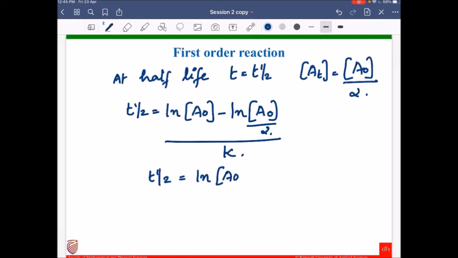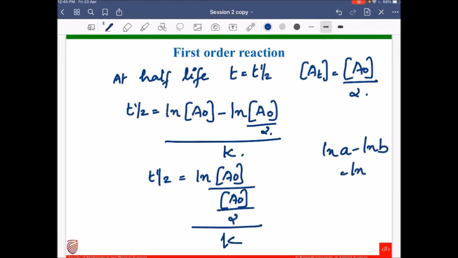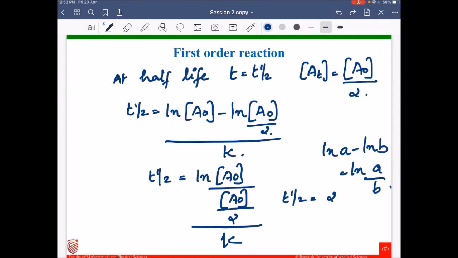If I rewrite this equation, ln A0 divided by A0 by 2, by k, because we know that ln A minus ln B is ln A by B. So we rearrange this equation and we will get ln 2 by k.